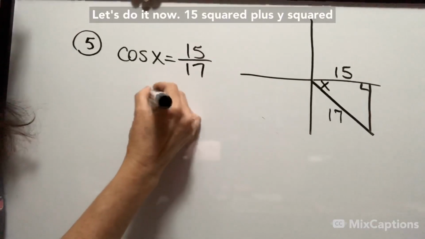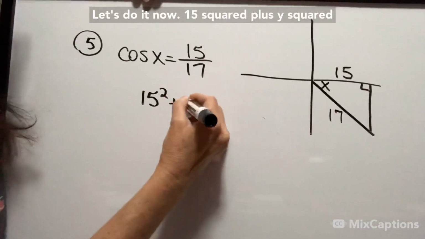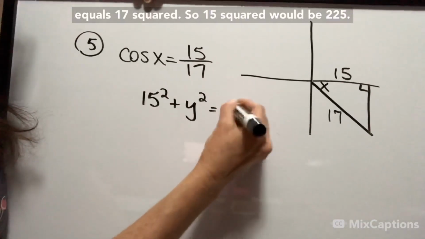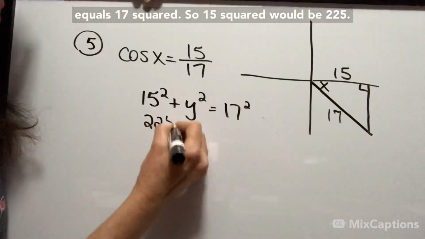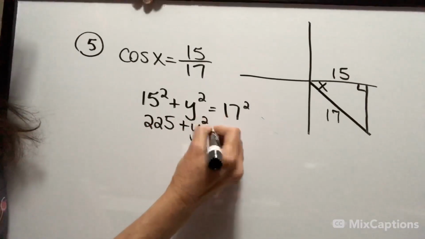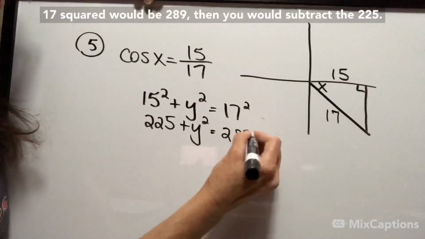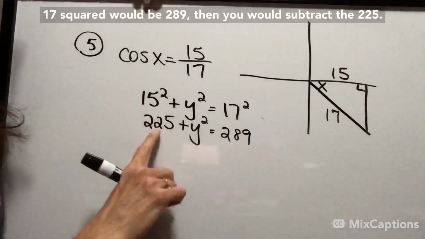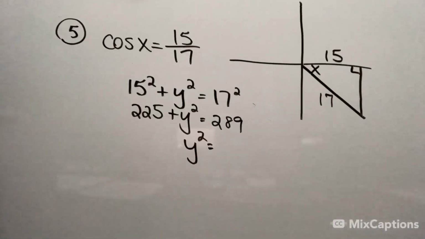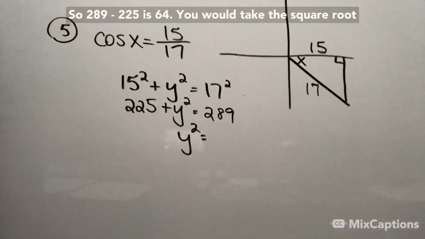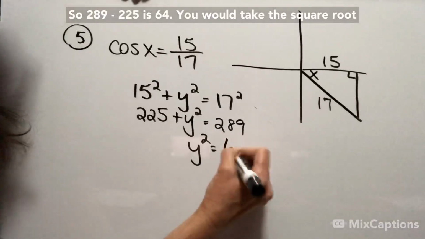Let's do it now. So it'd be 15 squared plus y squared equals 17 squared. So 15 squared would be 225. 17 squared would be 289. You would subtract the 225. So 289 minus 225 is 64.